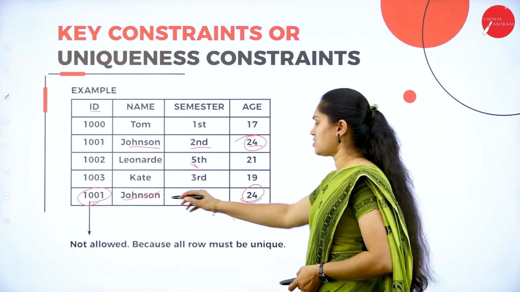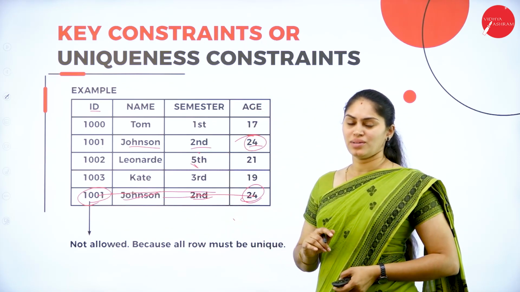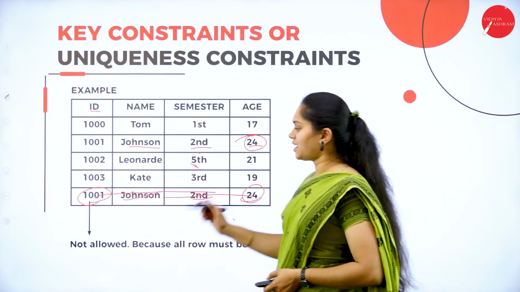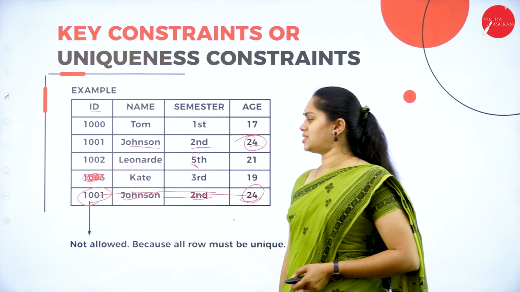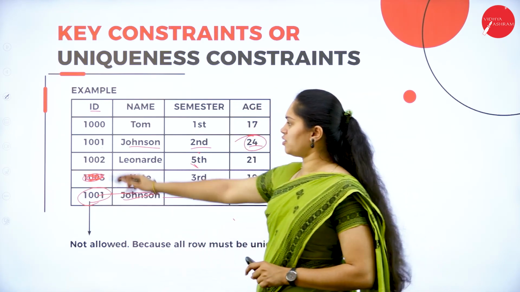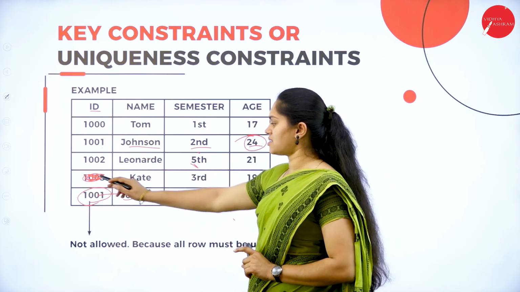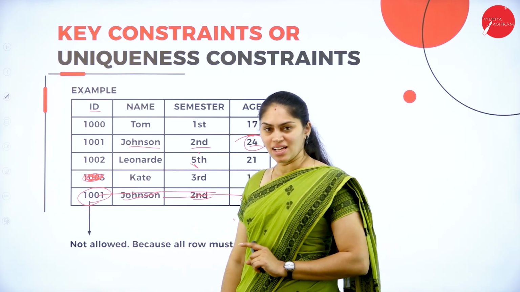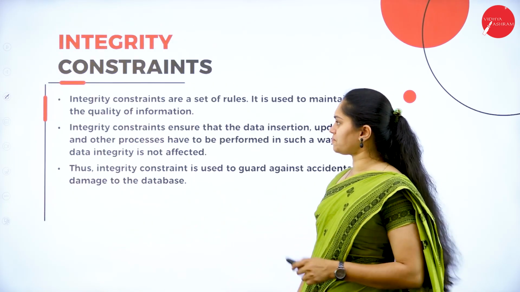So this is not allowed. Why? Because all the rows or tuple values must be unique, and it can't be null also. If it is null, you just imagine there is no value for this 1003 as a value for this ID. So even this is also not considered. Why? Because it should not be null. This is what key constraints or uniqueness constraint.